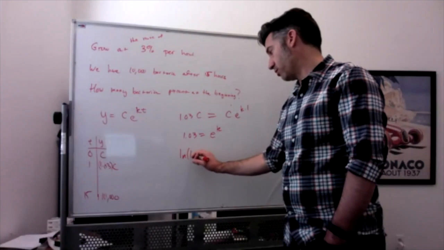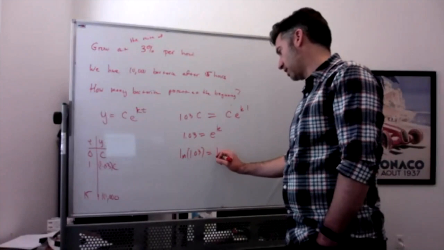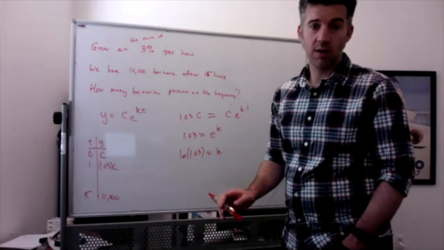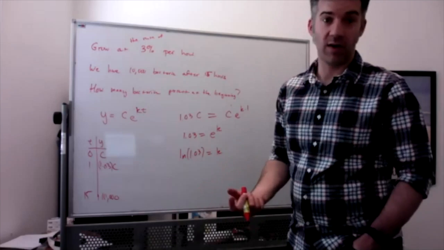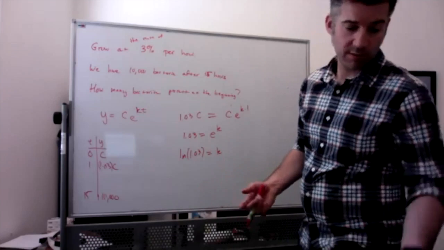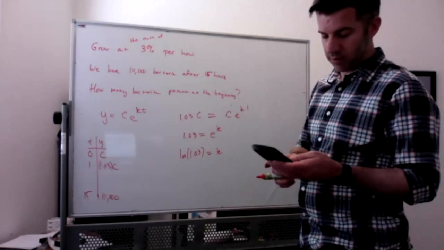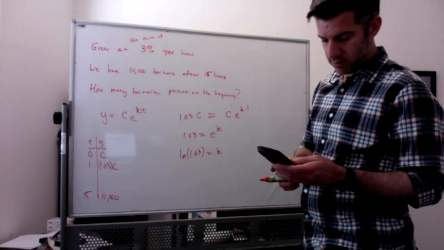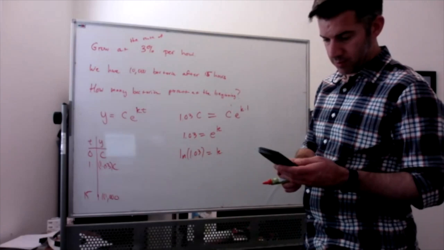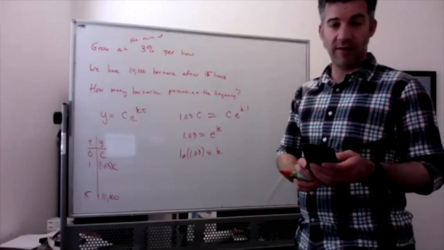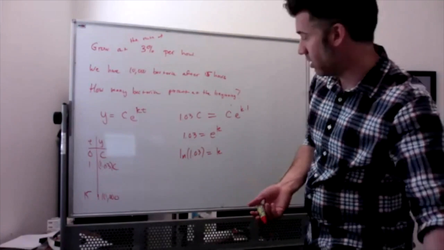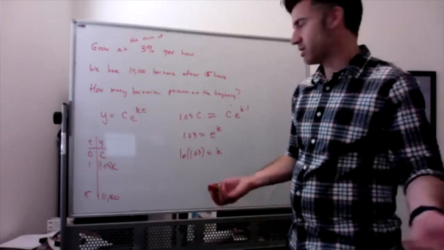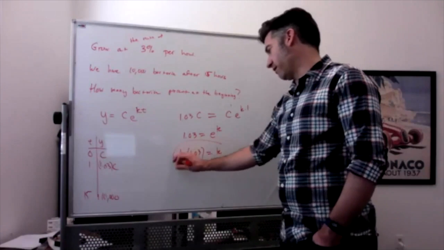Natural log of 1.03 is k. And I will tell you, natural log of 1.03 is very, very close to just being 0.03. In fact, it's about 0.0295588. So very close to 0.03, but not exactly the same. So it does matter. So there's our k value.